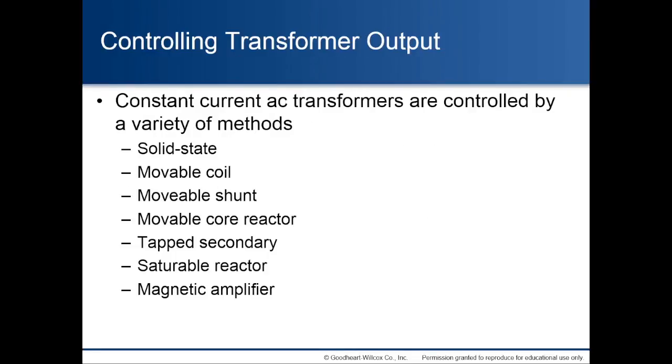Controlling transformer output. Constant current, alternating current transformers are controlled by a variety of methods: solid state, movable coil, movable shunt, movable core reactor, tapped secondary, saturable reactor, and magnetic amplifier.